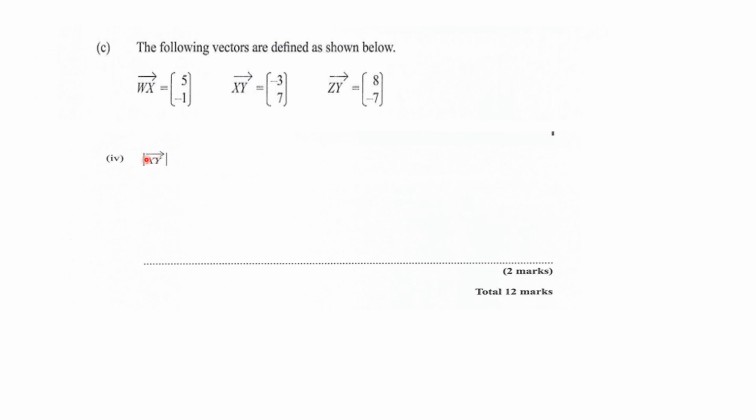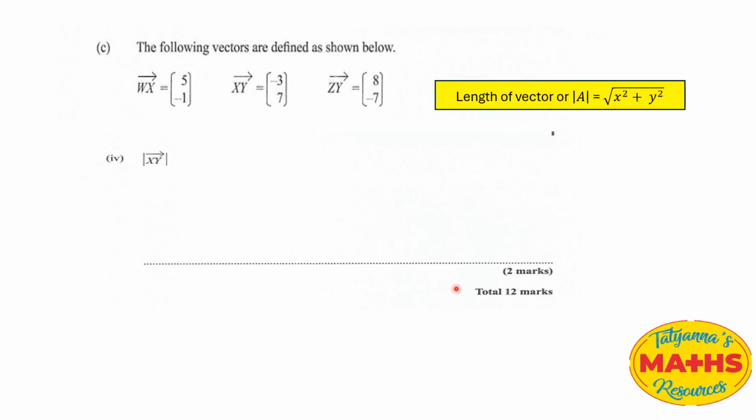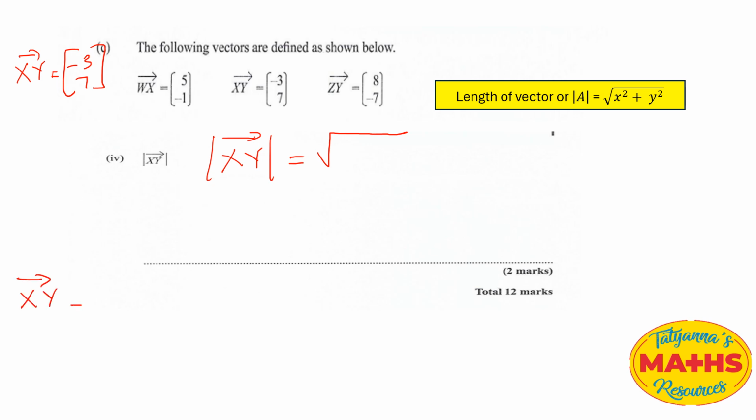So once you see these two lines around the vector, they're asking for the length of the vector. So that's the formula there. The length of a vector is the square root of x squared plus y squared. So the length of XY equals the square root. Let's understand that XY is (-3, 7).